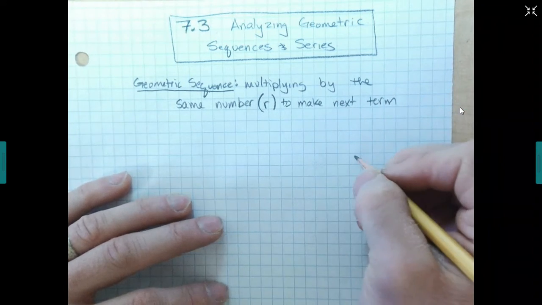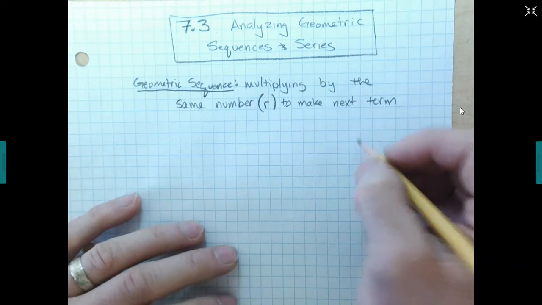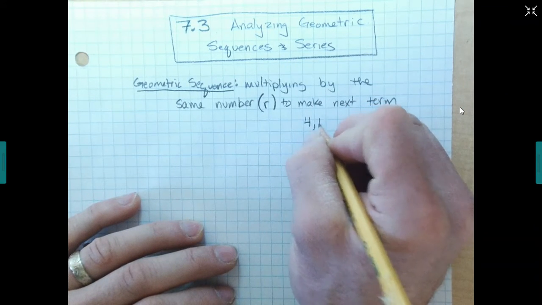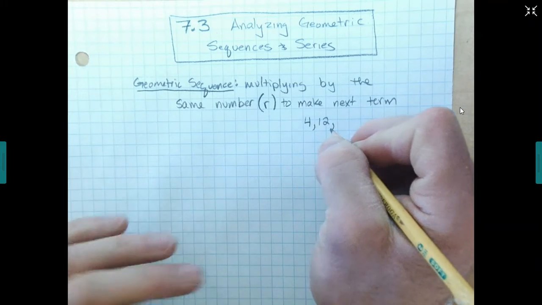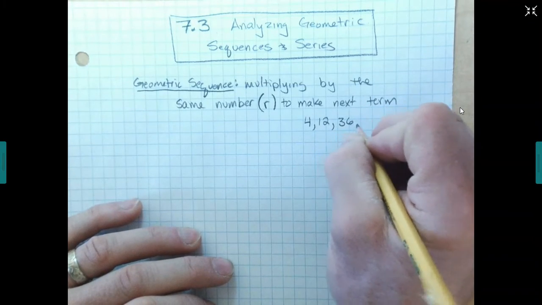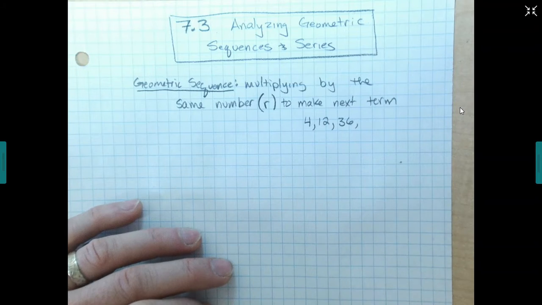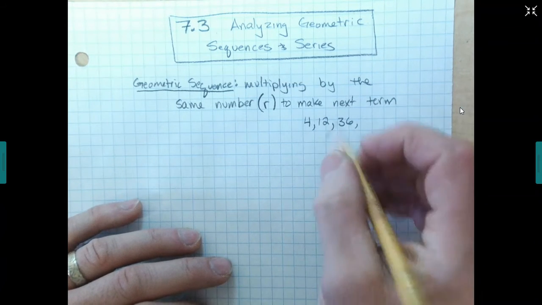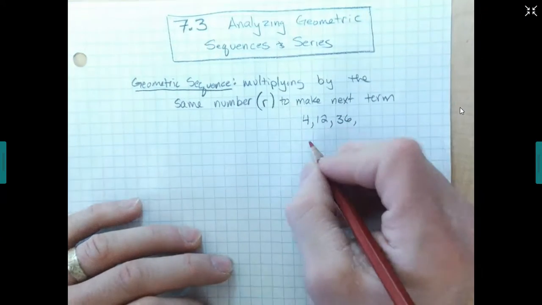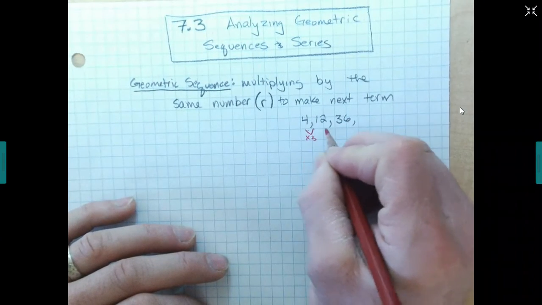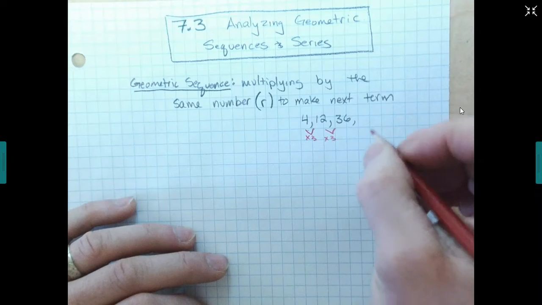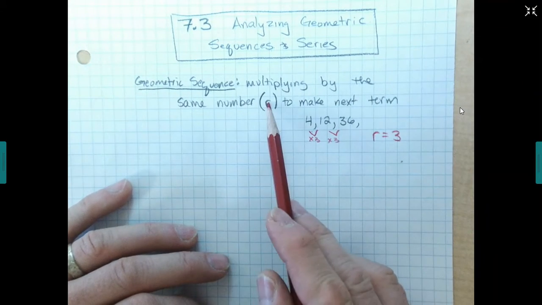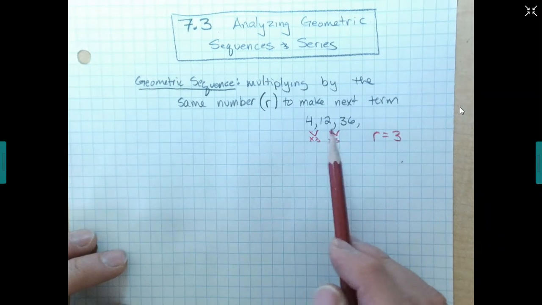So an example of a geometric sequence might be 4, 12, 36, and so on and so forth. So times 3, times 3. So our R for this one is 3. For this example, our R value, or our rate, is 3.